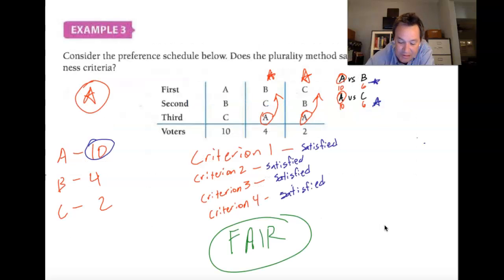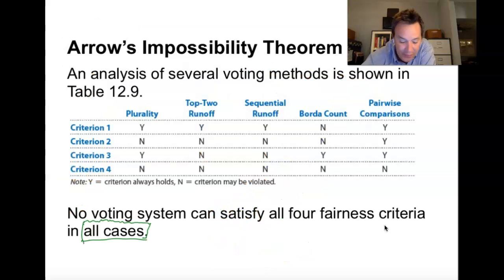structures and choices of orders for these preference schedules, there is no system of the 5 that we went over, and in fact there is none period that could possibly be invented that can satisfy all 4 of those fairness criteria in all cases.